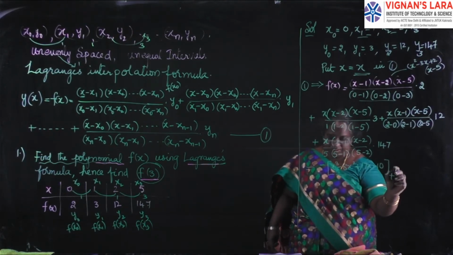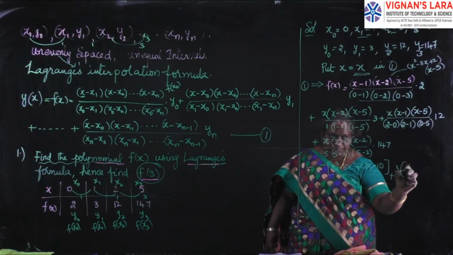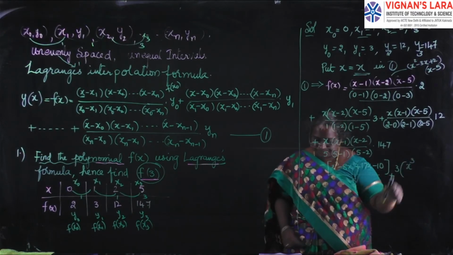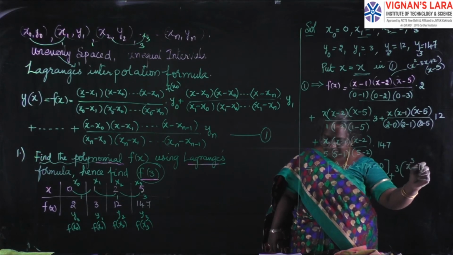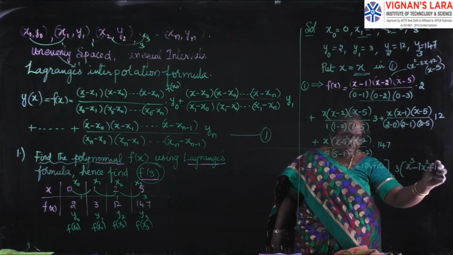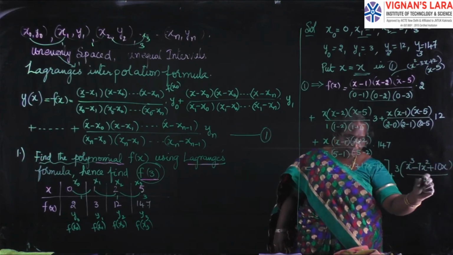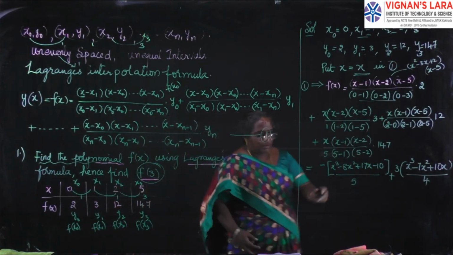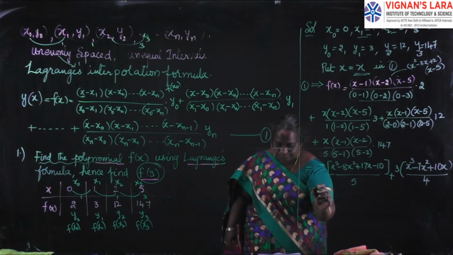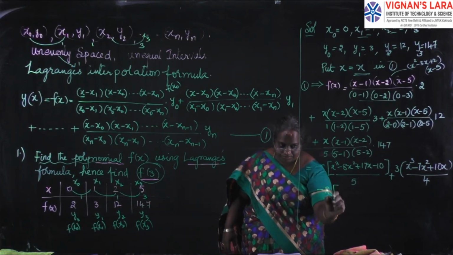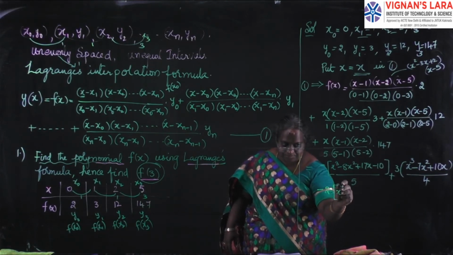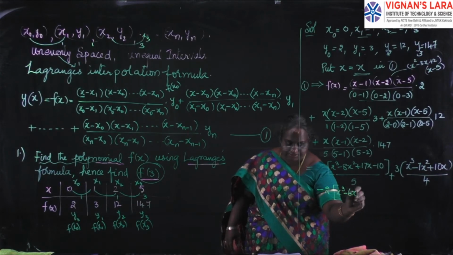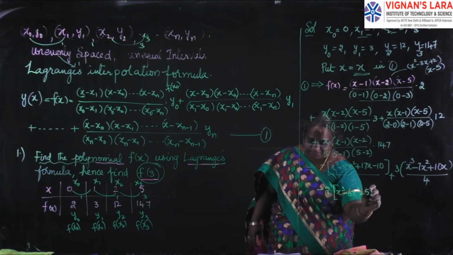Plus the next term, 3 into x cube minus 7x square plus 10x by 4. Fourth term, minus 2 into x cube minus 6x square plus 5x.